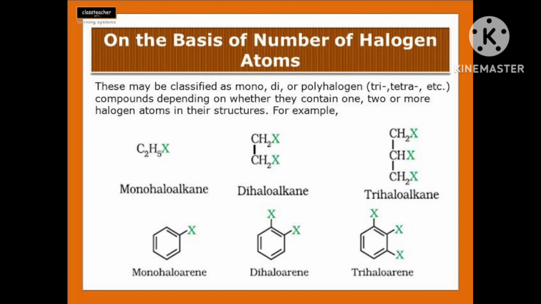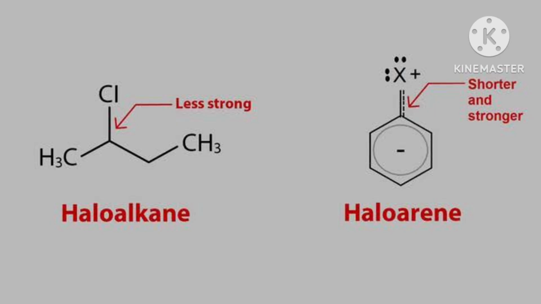Carbon atomic number is 6. Then what is its electronic configuration? 1s2, 2s2, 2p2.